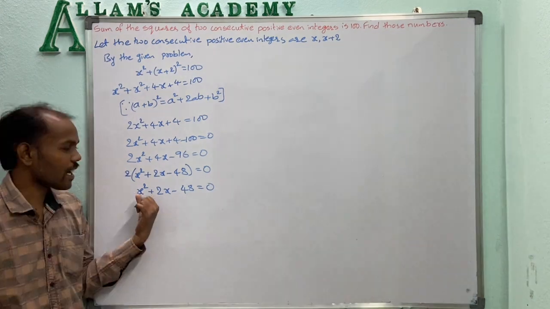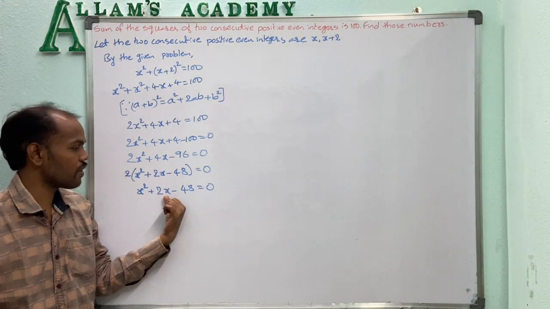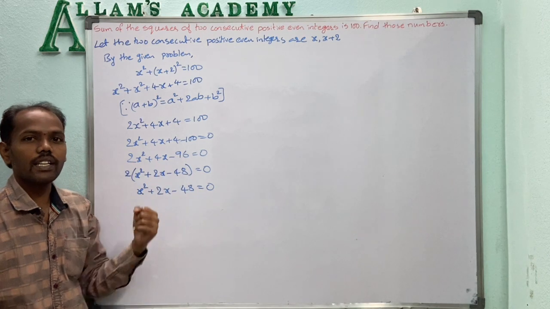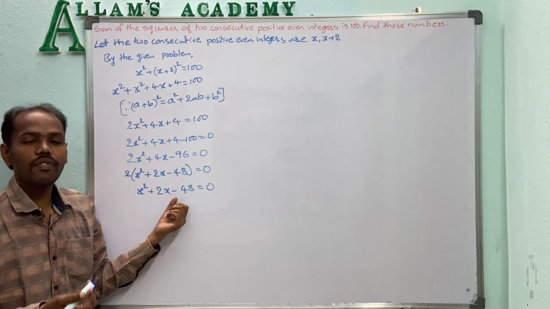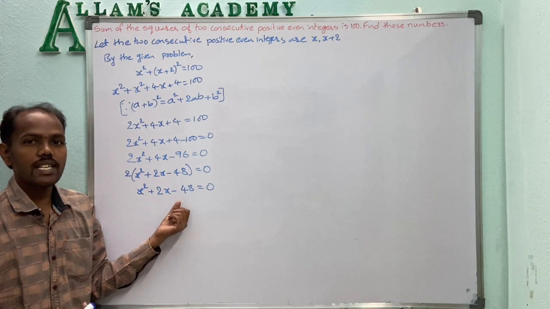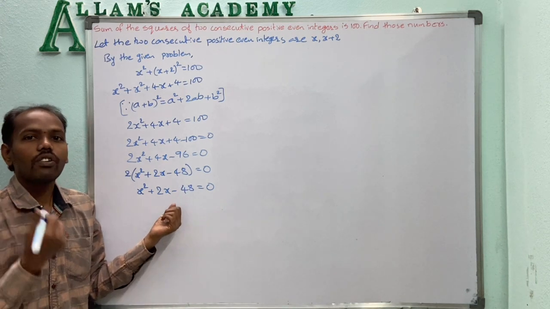Now we have the quadratic equation x square plus 2x minus 48 equal to 0. We can find the roots by the completing the square method, the factorization method, or the quadratic formula.